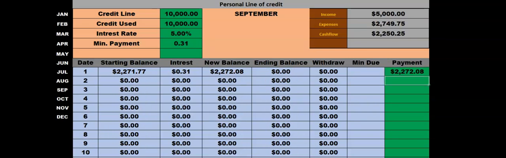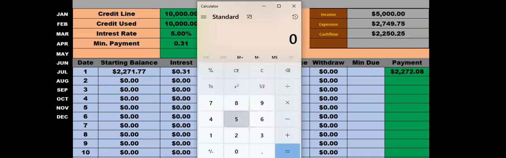So if we look at our income, $5,000, we subtract the $2,272.08. That leaves us with $2,727.92.